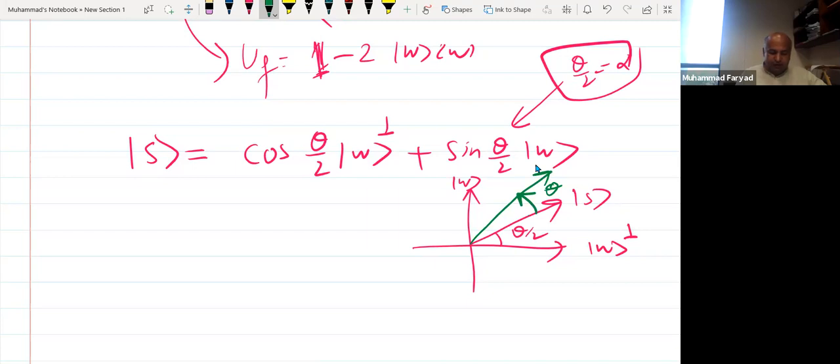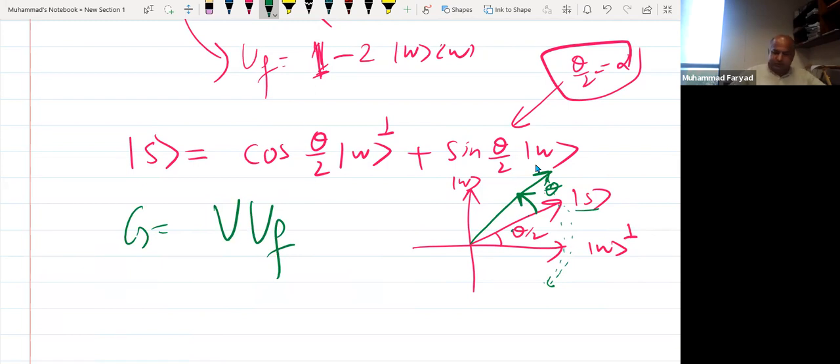So when UF is applied, this goes to this position, and then when V is applied, it goes from here to here. But the overall job of this operator, UFV, actually VUF, is to transform this vector S from an angle theta by 2 to an angle theta plus theta by 2.